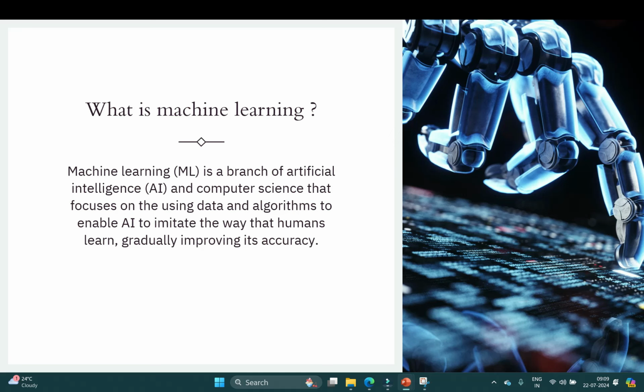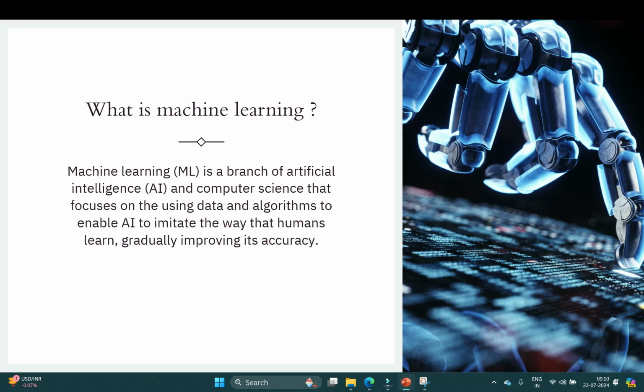Okay, now coming to machine learning. Since we got the background of AI, AGI and some context, it will now be easier to understand machine learning. Machine learning is a branch of artificial intelligence, a branch of computer science, which focuses on building algorithms that look at huge amounts of data and try to solve the problem. We will feed in lots of data.